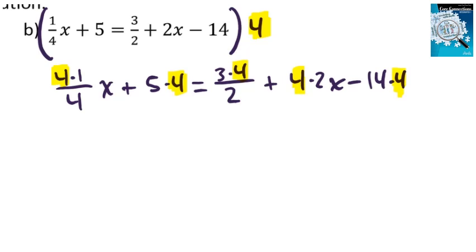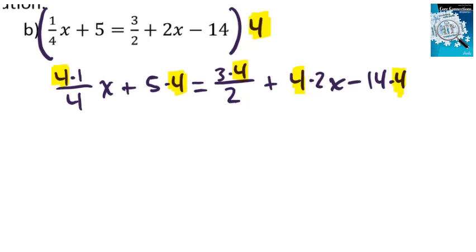Now, I can simplify those now that it's clear that I added a factor of 4 to each term. And remember, guys, terms are those things that are separated by plus or minus symbols. So the left-hand side had 2 terms. There's this plus. And the right-hand side has 3 terms because I've got a plus and then a minus there. So every single term got a fresh factor of 4.